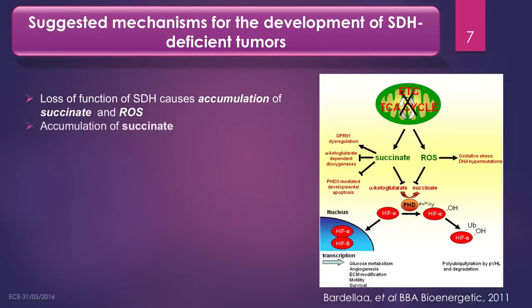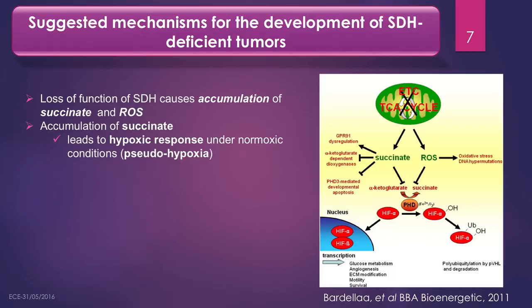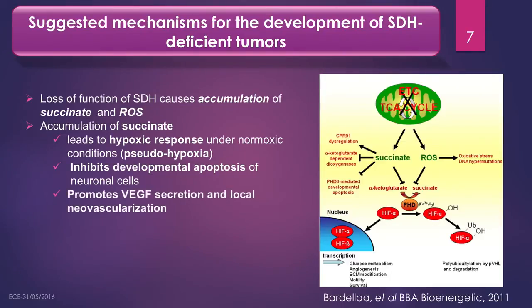Accumulation of succinate may lead to tumorigenesis through the hypoxic response under normoxic conditions, which we call pseudohypoxia, which, as you may know, leads to the transcription of several genes related to motility, survival, growth, and angiogenesis. It also inhibits developmental apoptosis of neuronal cells. It promotes VEGF secretion and therefore local neovascularization.